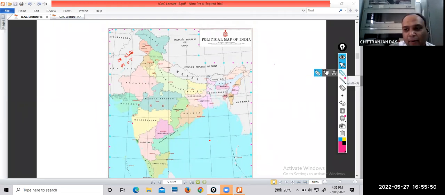The number of union territories has increased. We have Jammu and Kashmir and we have Ladakh. These have become two more union territories. So this is the latest political map of India, now published by the Survey of India.